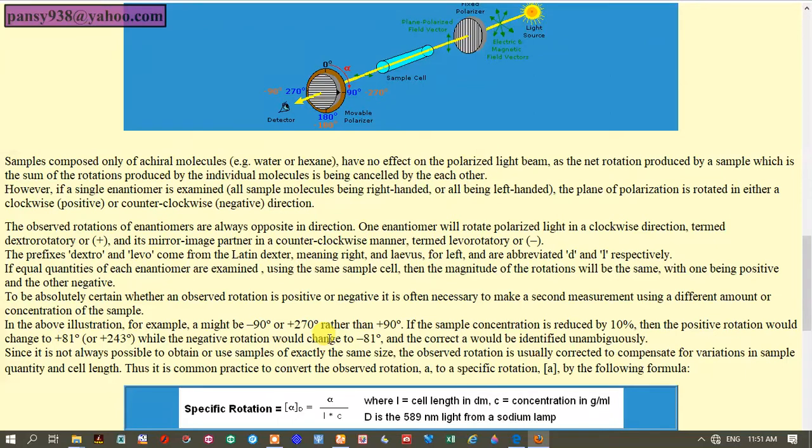In the above illustration, for example, the rotation might be minus 90 degrees or plus 270 degrees rather than 90 degrees.